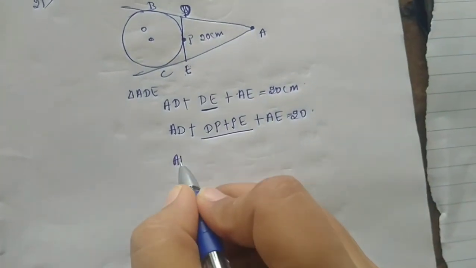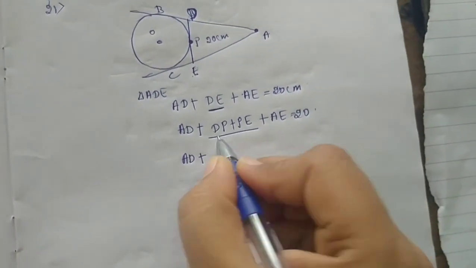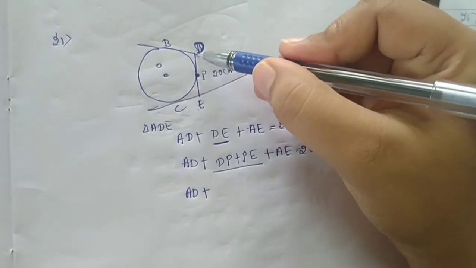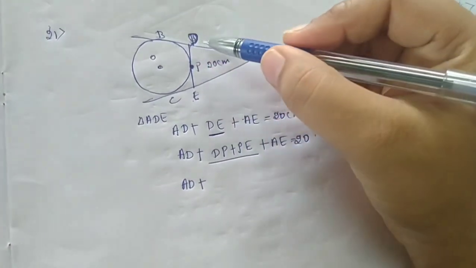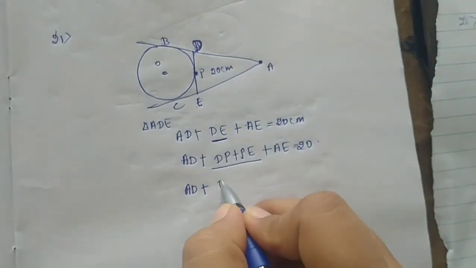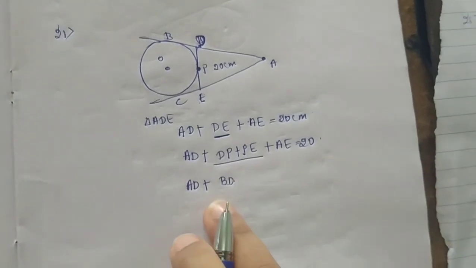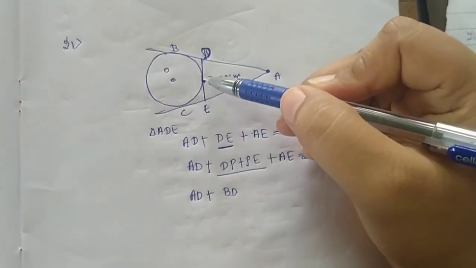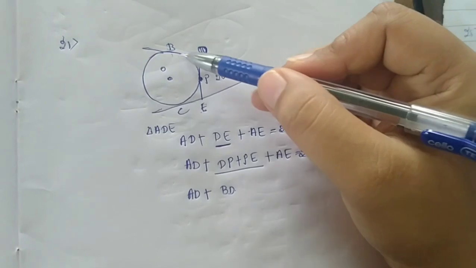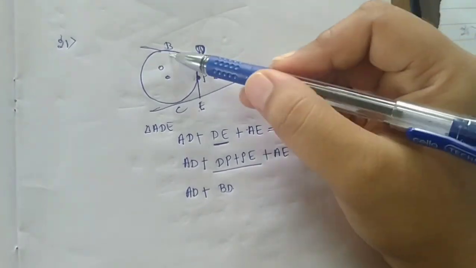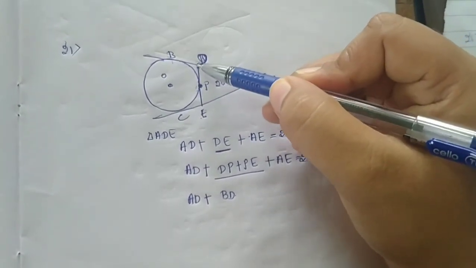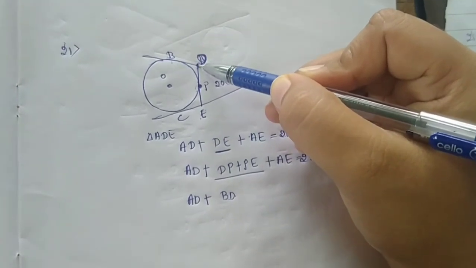Now AD plus, in place of DP, I am writing BD. Why am I writing BD? Because the lengths of these two tangents are always equal, since this is a common point.